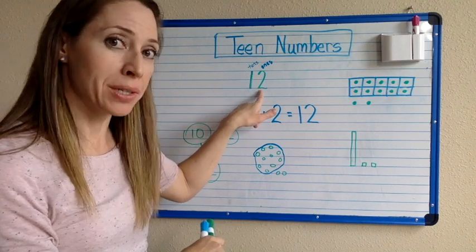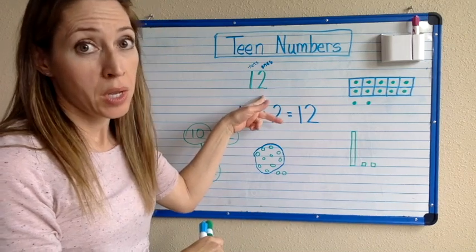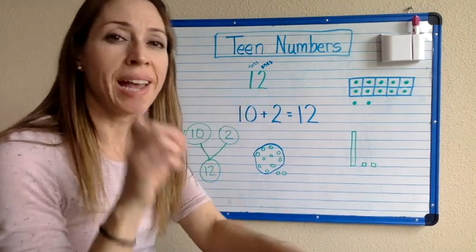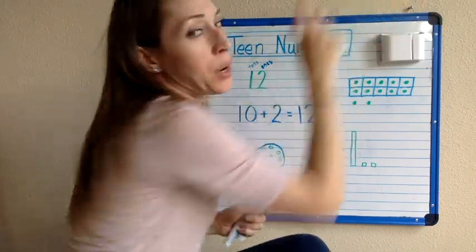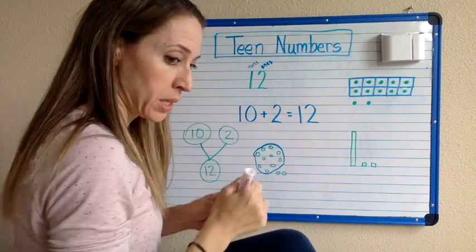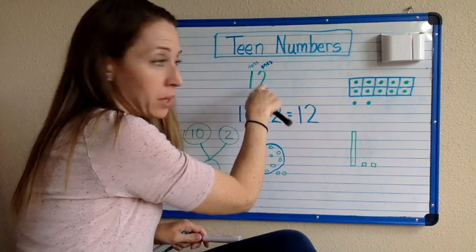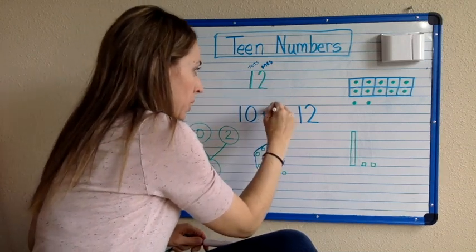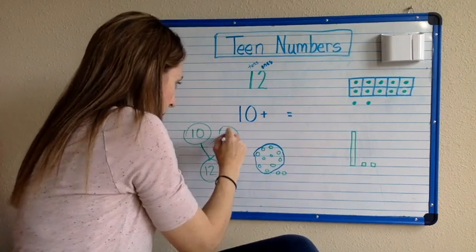But the difference between the teen numbers is the ones place. I have 12 up here, but let's say I add one more, okay? I'm just going to add one more. So let me go ahead and erase my 2, okay, because this is going to change.